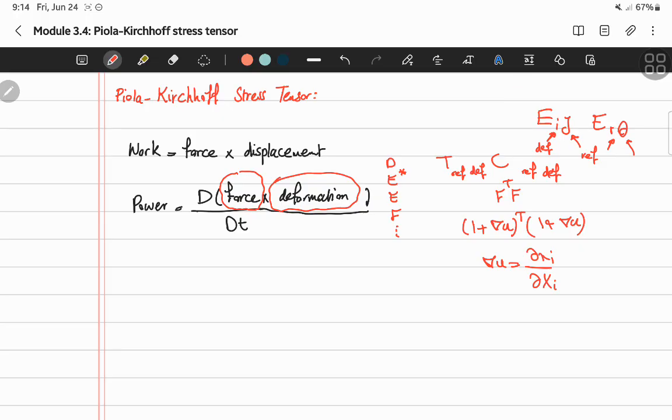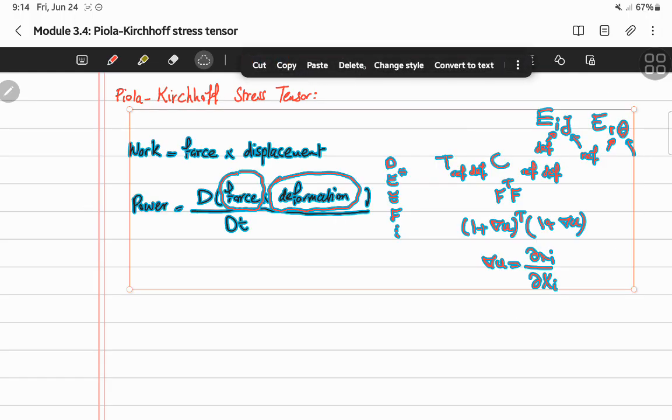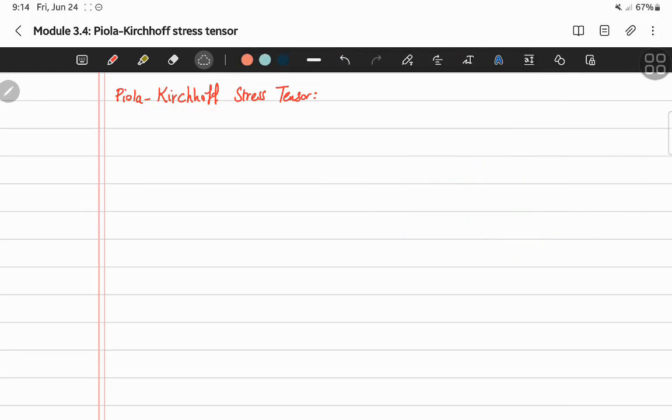All right, so let's get started with the first Piola-Kirchhoff stress tensor. And the book actually used T0 for this one.